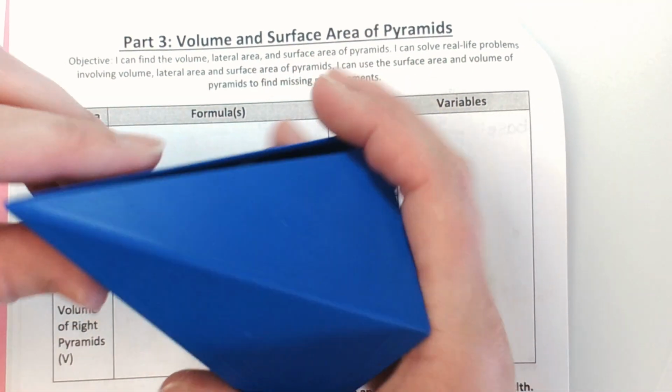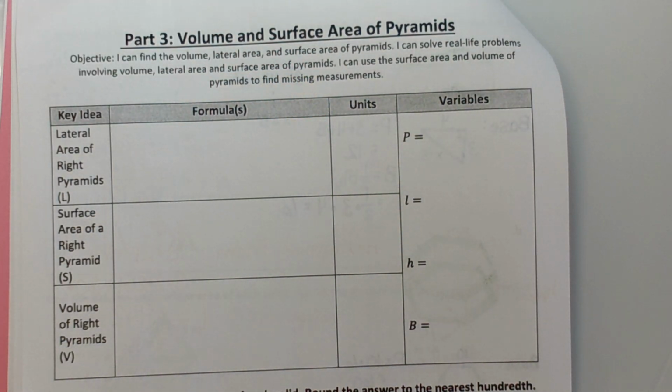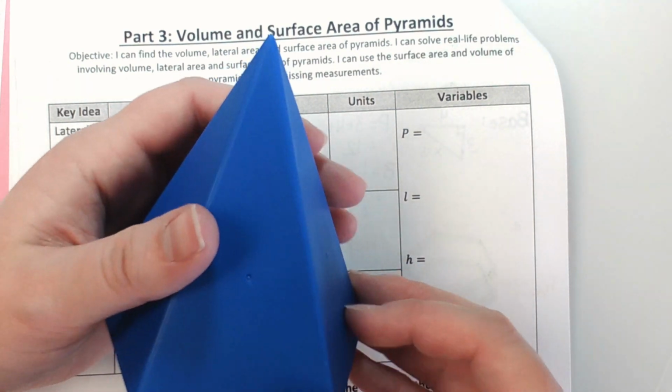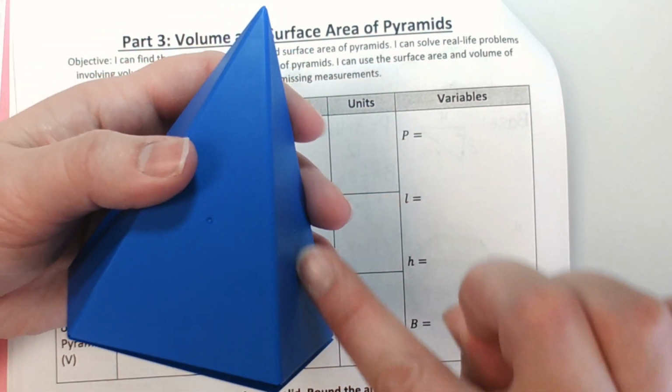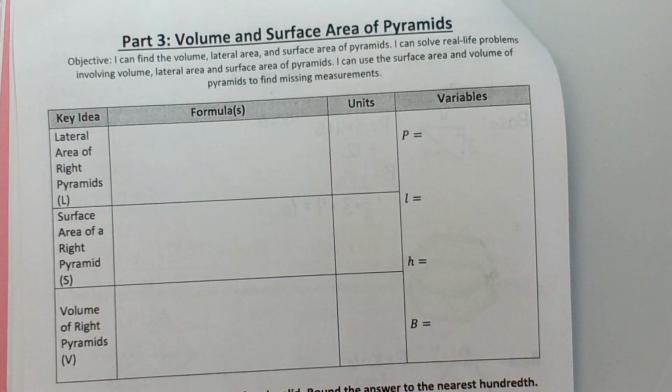Now the height of the triangle becomes a little more tricky, because if this is my base, the height has to go up here, and when I fold it back in, that's going along here. It's going at a slant. It's what's known as slant height.